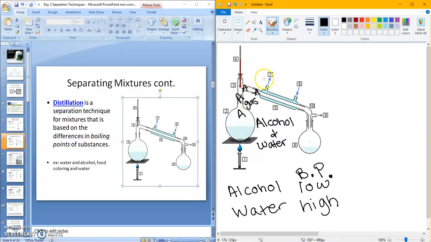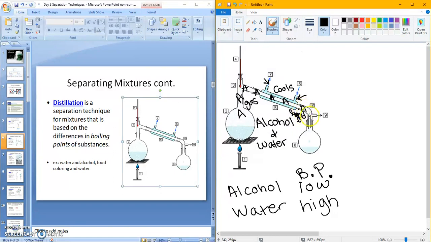Well, this part right here, if you see this lovely little light blue, it circles the glass tubing, that's called a water condenser. And the water condenser cools down the substance that flows through here. So the alcohol is going to come through here, and as the alcohol goes through the cooling, it turns back into a liquid.